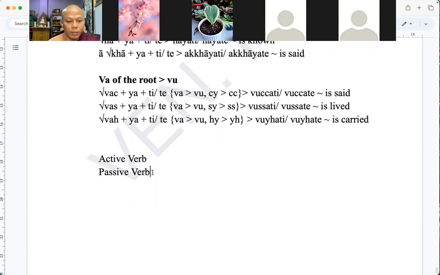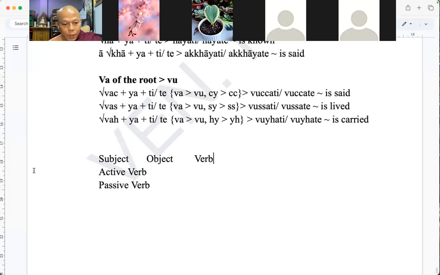So the sentence structure can be changed. For example, subject, and then object, and then verb. Okay.